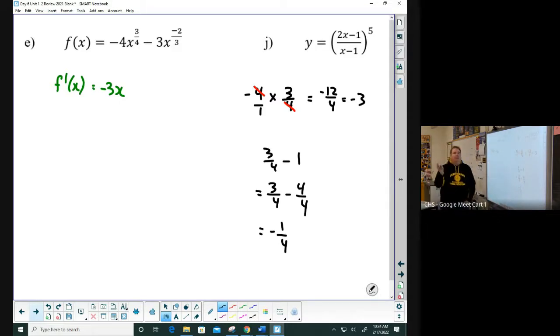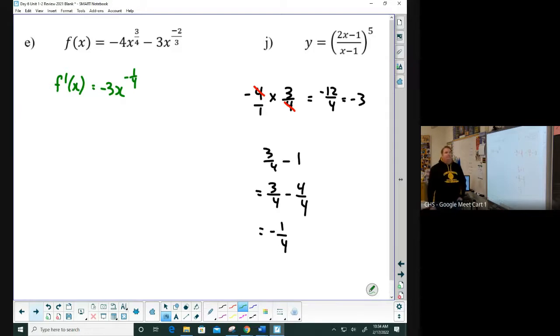You're able to do it with 1/2. I've seen you all do it with 1/2. 3/4 is different, but it's the same strategy. You can even imagine on the number line, 3/4 is over here, and if I take away 1, I'm only going to be 1/4 into the negatives. And so this is -1/4.